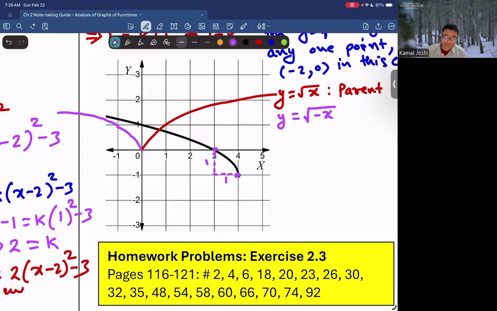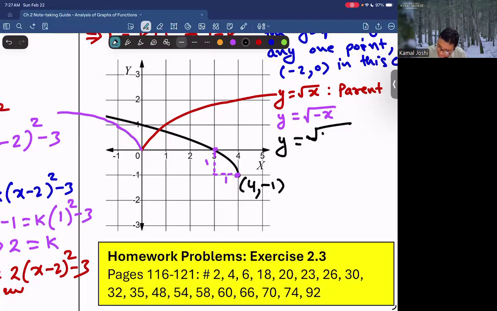Now think of the shifts. The black graph has been shifted, and you can clearly see that. I've done this so many times by this time. The coordinate of the tip will tell you how much it has been shifted, 4 minus 1. So that equation would be 4 units right.